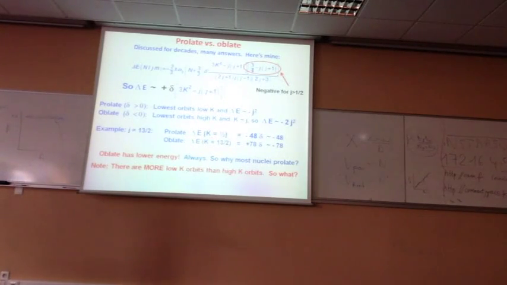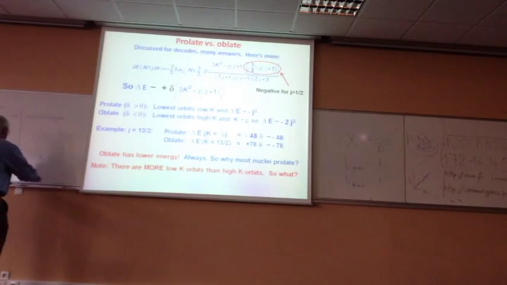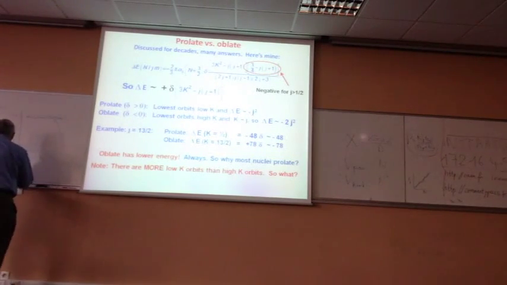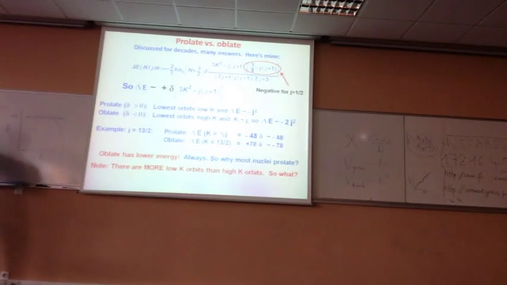And we haven't discussed that, but let me just try to motivate that. There's no reason why it shouldn't be obvious to you by now, but here we have the Nilsson diagram, and for some single particle state, I have orbits going off like this, where this is k equals 1/2, 3/2, 5/2, let's say this is 7/2. What happens on the oblate side?